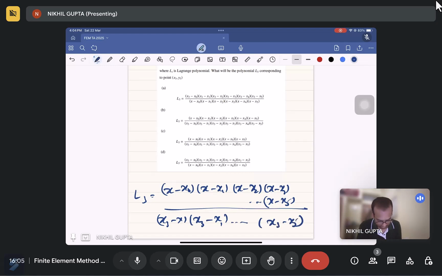So you can match the answer for this. I think the answer is part B. X minus, no, this is correct. Down is correct. What about this 2? No, this is missing. The answer is part B.